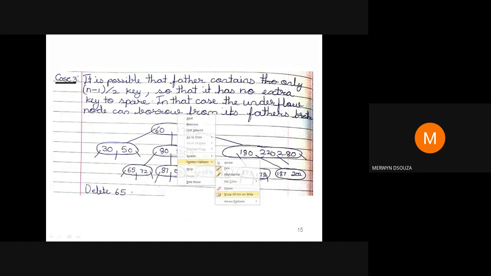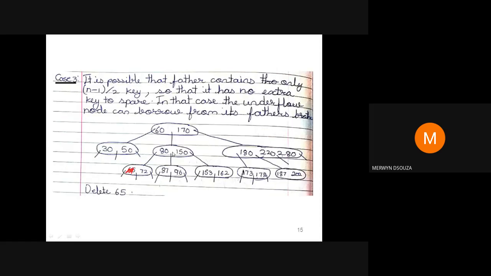Remember that. So if I delete the 65, there's an underflow. So we are going to apply two cases now. If I try to borrow from the parent, the father node, you can see here there is 80 and 150.